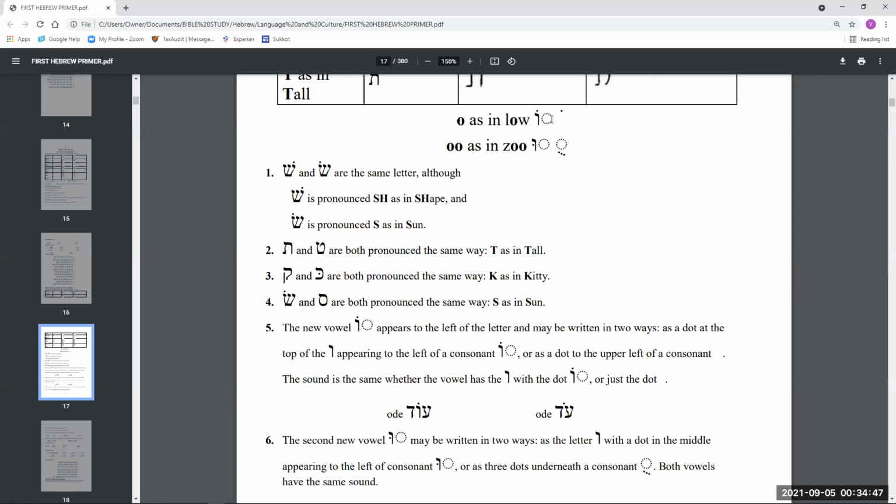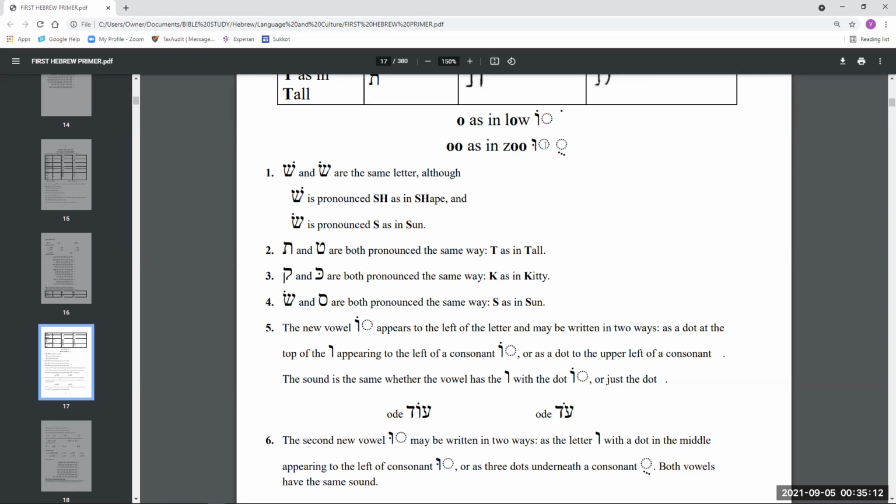So remember, this dotted line right here just represents a consonant. And then whatever that consonant is, you apply the nakud, the vowel point to it. And then we have the shurek right here next to the consonant.